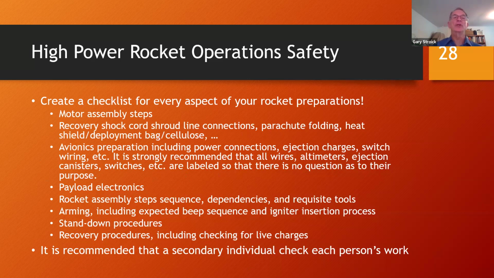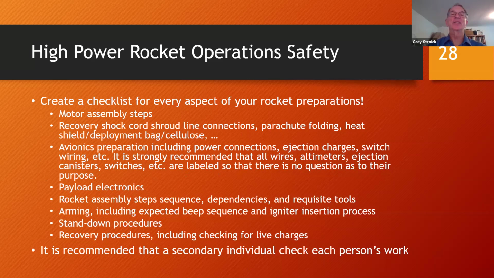You need to make sure that these steps cover not only all the assembly processes for the motor, recovery system, avionics, payloads, etc., but that you also have in the list all the tools you need to conduct those steps.